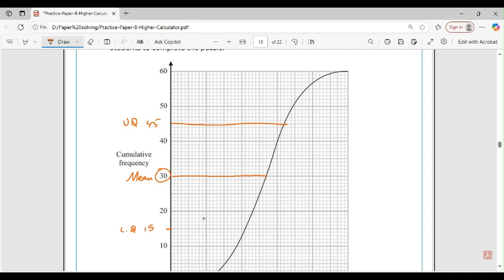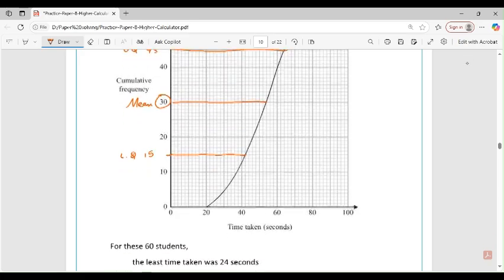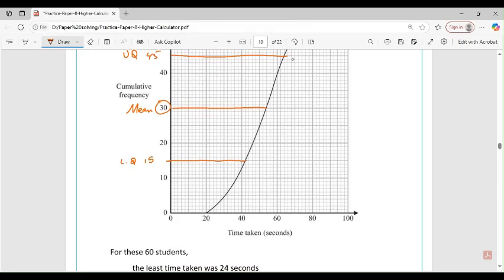And next will come from 15. 15 will take you towards here. Now from here you take a ruler and make straight lines towards somewhere here. This should be made by a straight line using a ruler.